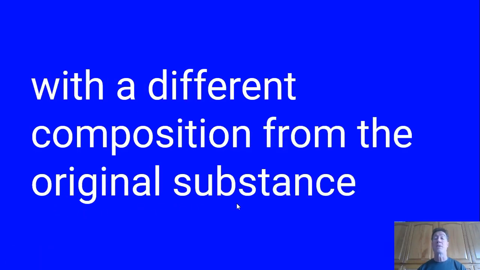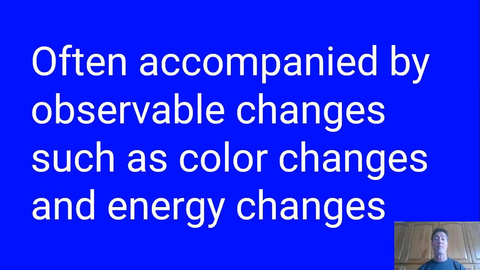They don't just change their state like the states of water, going from ice to liquid to gas, but there's actually a new arrangement of atoms that results in a new substance. And that substance will have a different composition from the original substance. It's often accompanied by observable changes, such as a color change or an energy change.